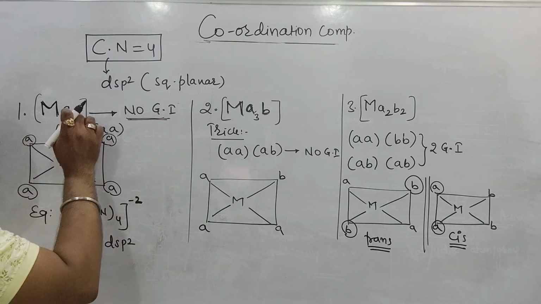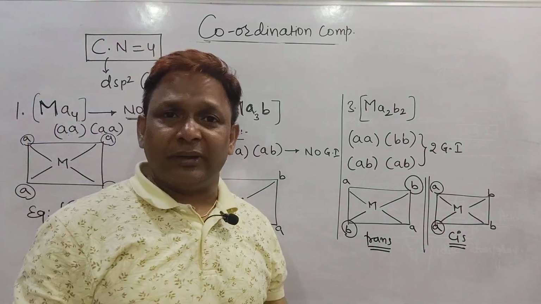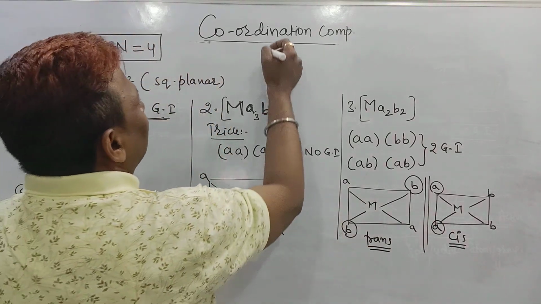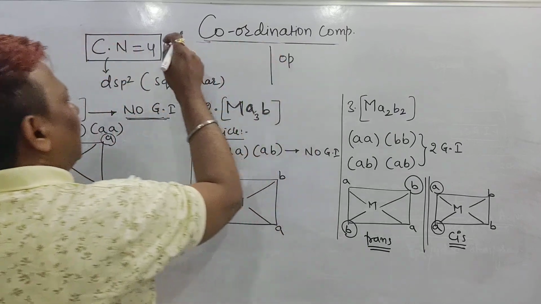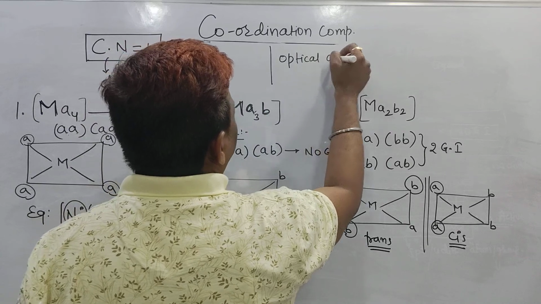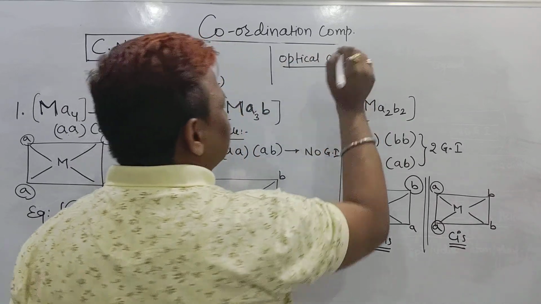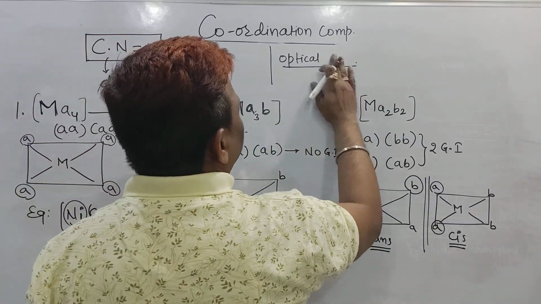Second one. In this case, if you have to check optical activity, I will tell you the trick for optical activity for coordination number 4, dsp2. So it is a trick for optical activity or optical inactivity. Just I will tell you what is the trick for optical isomerism.